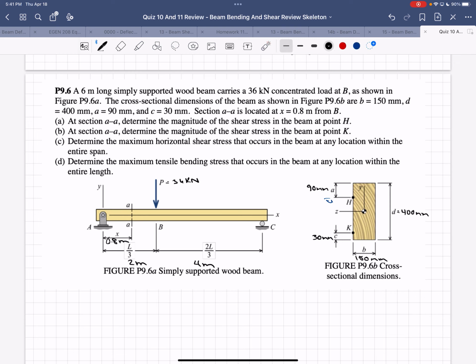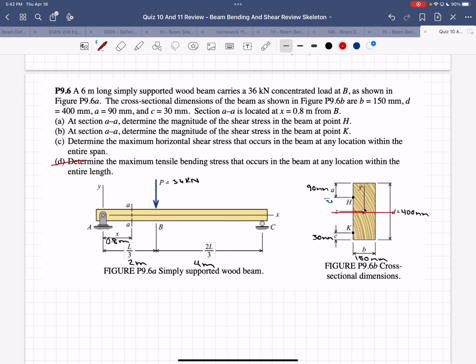So maybe we should do either part A or part B since we just did the maximum. Where would the maximum happen? In the middle. What would the Y bar be for this one? Half of what we're given?